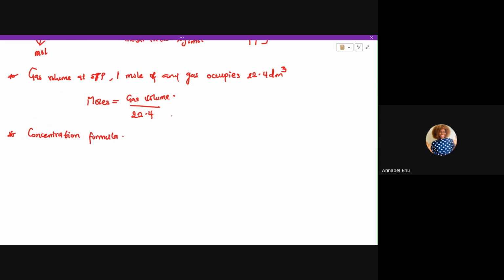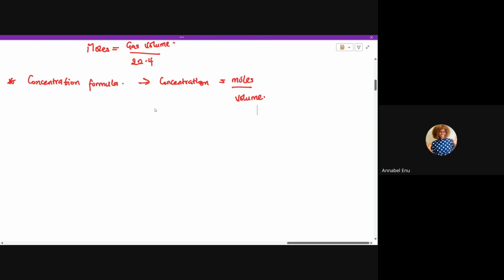Concentration is equal to number of moles divided by volume. And so we can get number of moles to be equal to C times V, concentration times volume.